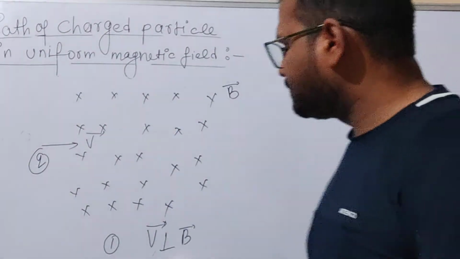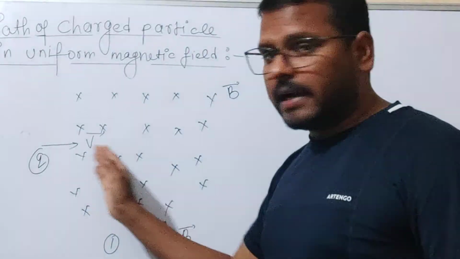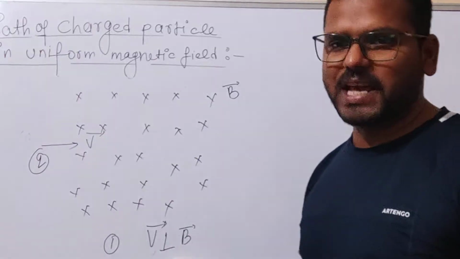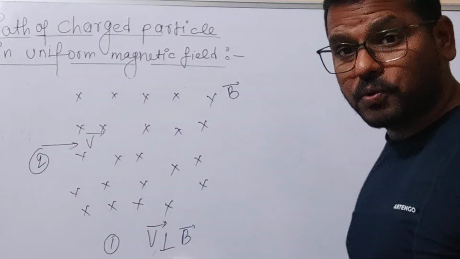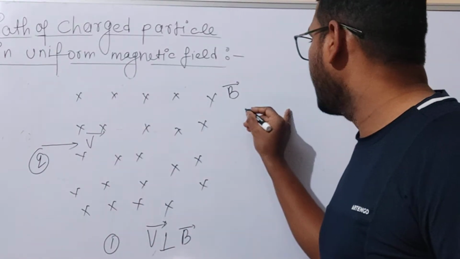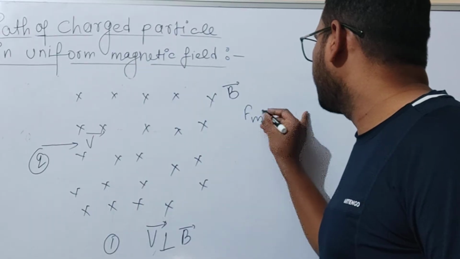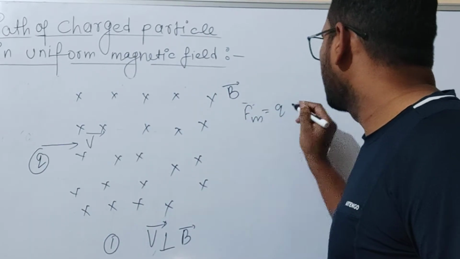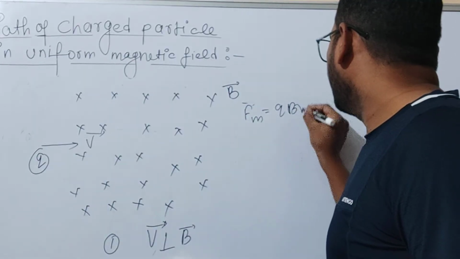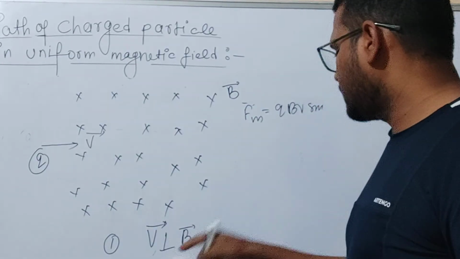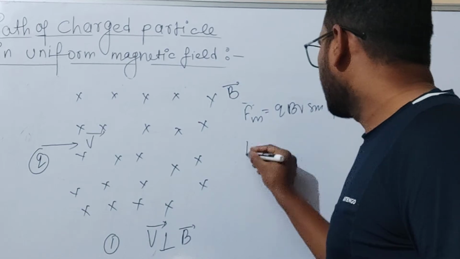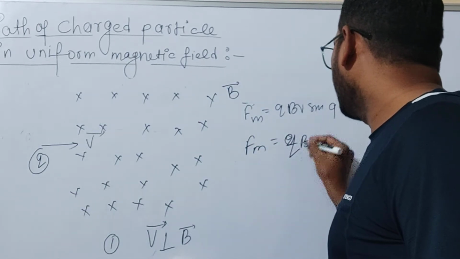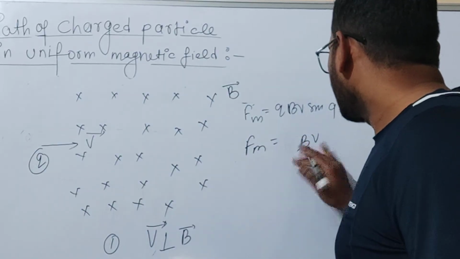As it starts entering the magnetic field, there will be a force. How much force will it acquire? The force due to the magnetic field is qvB sin theta, and theta is 90 degrees. So the force Fm is equal to qvB.